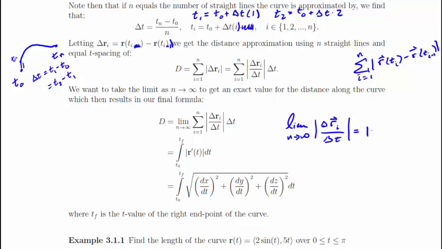So this is the magnitude of r prime of t. And as n goes to infinity, my delta t goes to 0, but it goes to the infinitesimal dt. And this is going to give us the integral of this from t naught to t sub f, which is the same as t sub n.